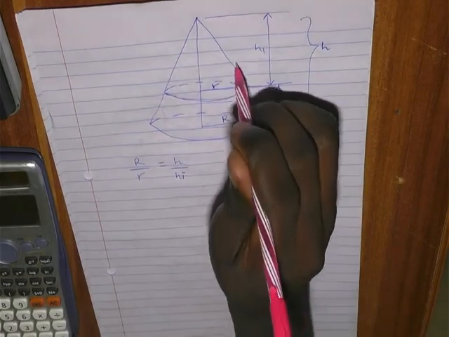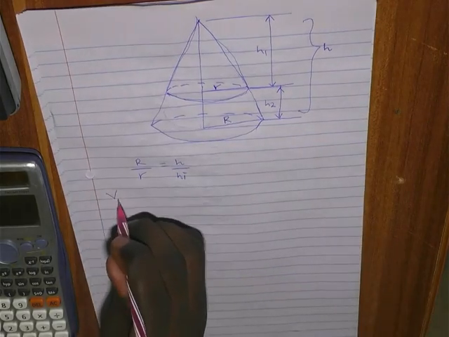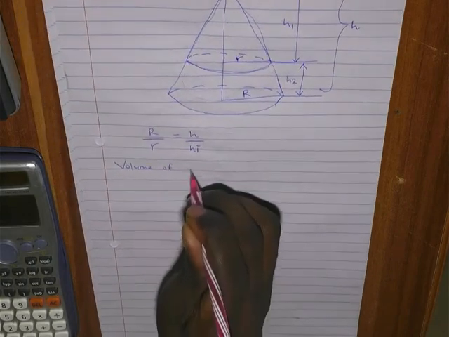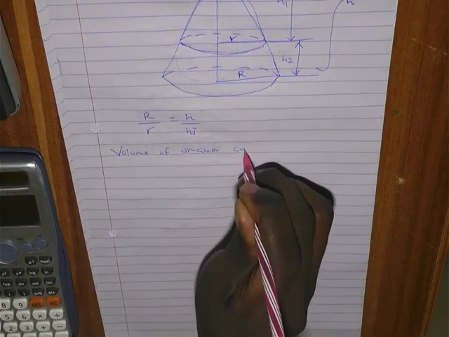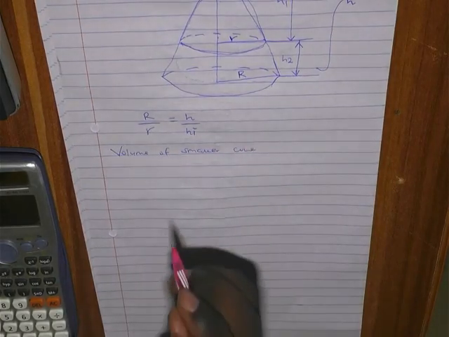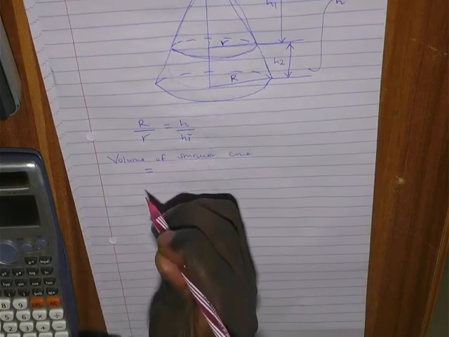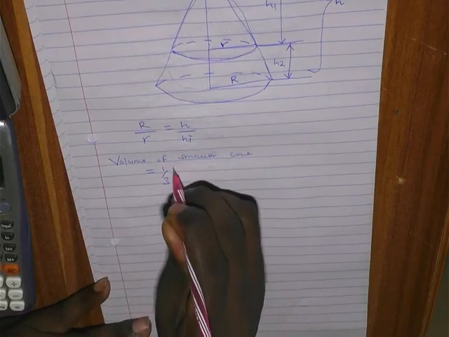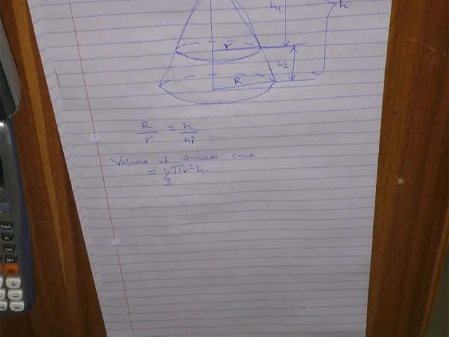So volume of the smaller cone will be given by a third pi r squared h, okay? So that's how we get that.